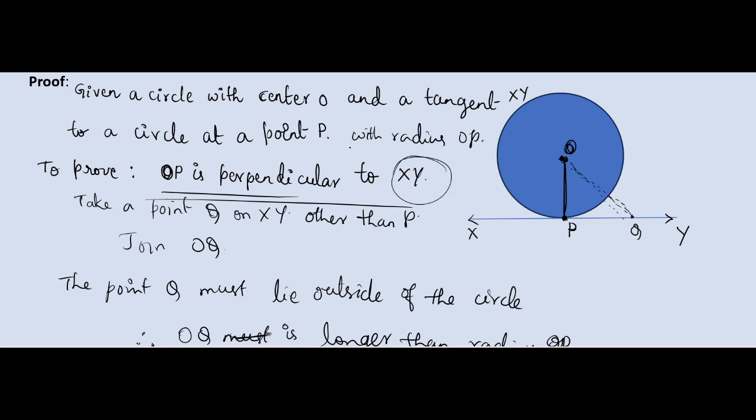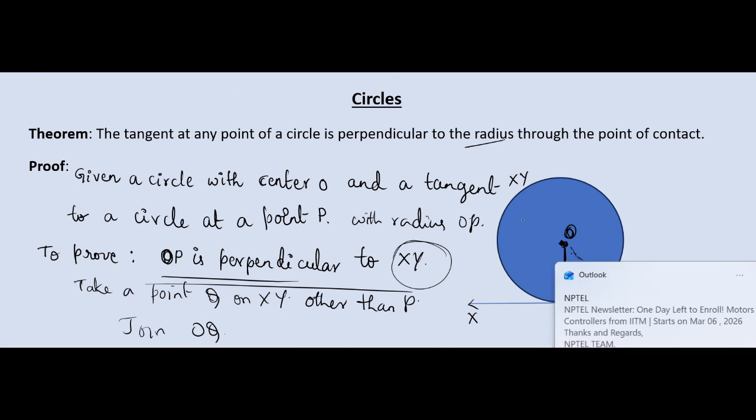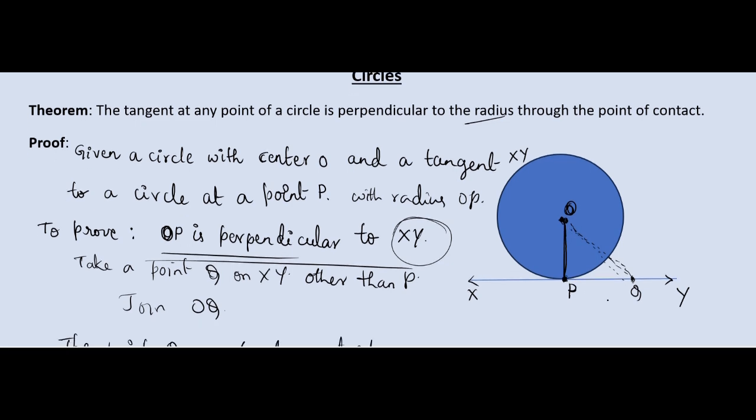I hope you understood this. What they have given: a circle with the center O and the tangent XY to the circle at a point P, with the radius OP. First we put a point Q on the tangent XY except this point P, and we join this OQ.